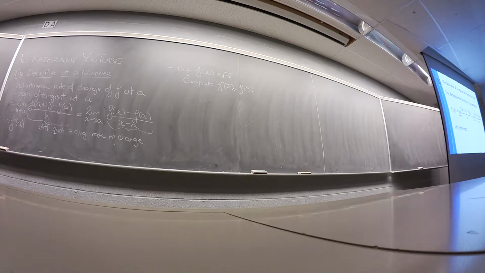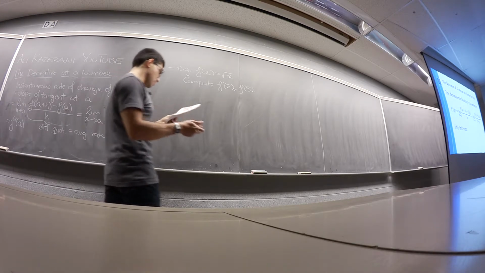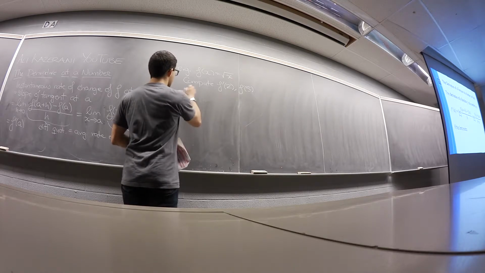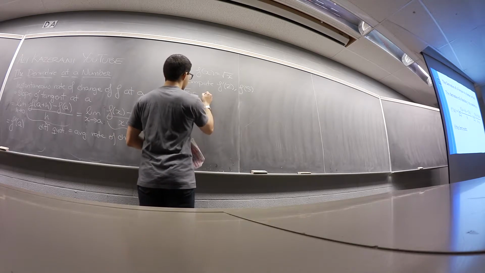Okay? All right, so what we could do is we could just apply that definition at 2 and then again at 5 and do it that way. Or, to save us the trouble of doing the whole thing over from scratch again, we can just do it at a general a. So let's do that. To save trouble, let's do the work for some general a.